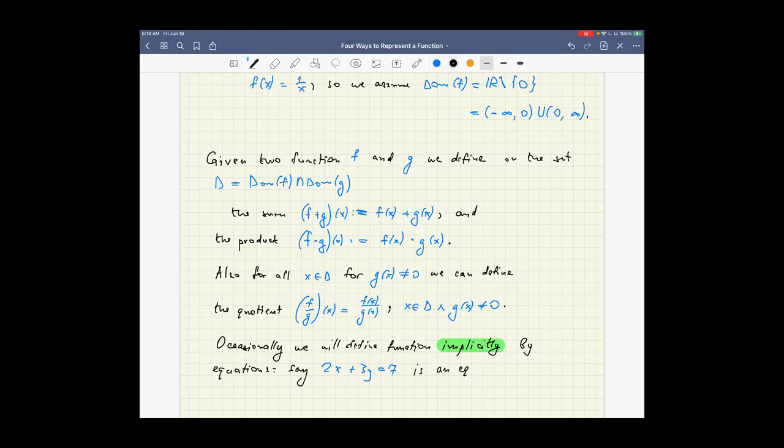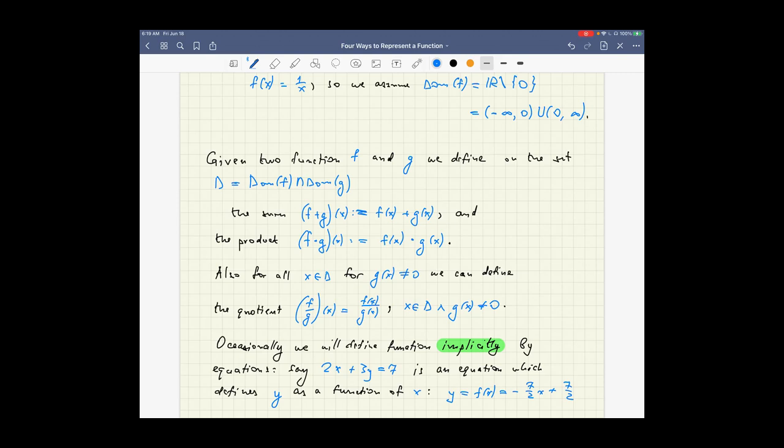All we really need to do is to solve this for y, and solving for y, we get the function negative 7 halves x plus 7 halves.